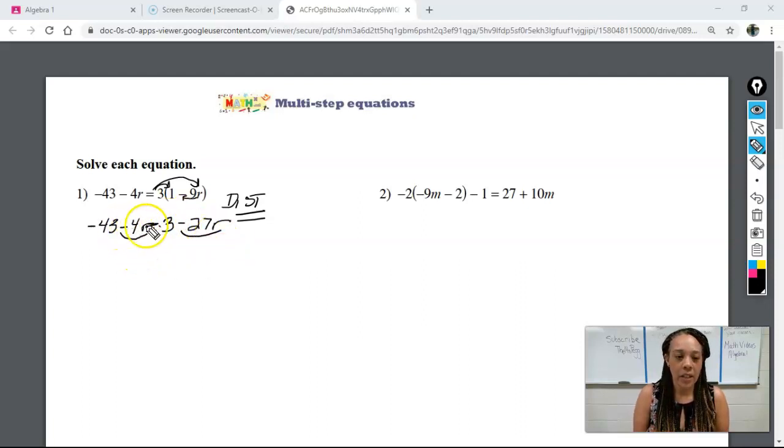Either I can do the inverse operation of this minus 4r and do plus 4r on both sides, or I can choose to do it with the minus 27r and do plus 27r on both sides. The easier math here is just to add 4r on both sides. Again, I'm adding that 4r to the minus 27r because they're like terms. They both have that variable r.